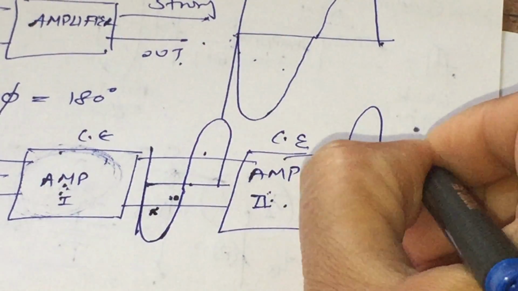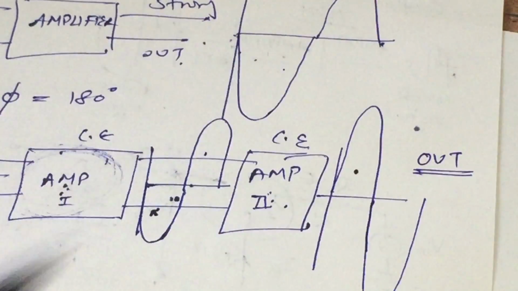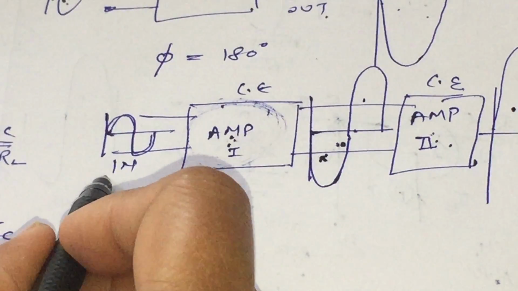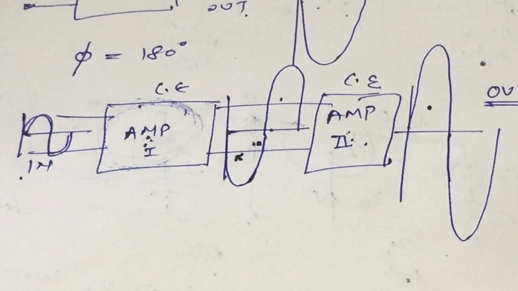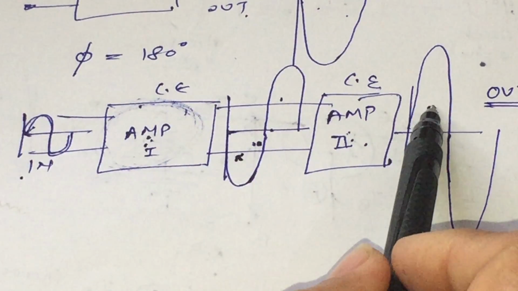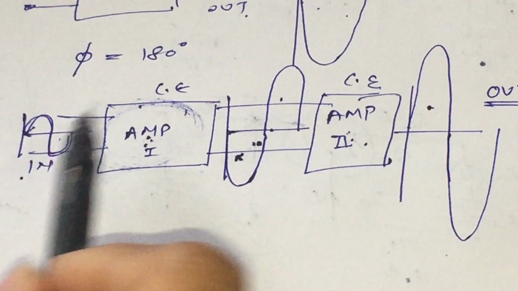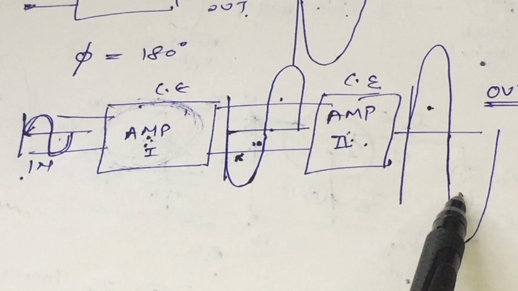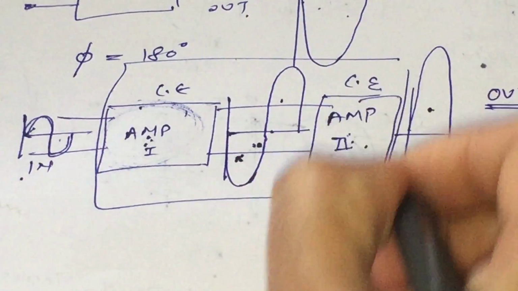It means this is our final output signal and this is our input signal. Now you are observing that for positive half you are getting positive half, and for negative half you are getting negative half.